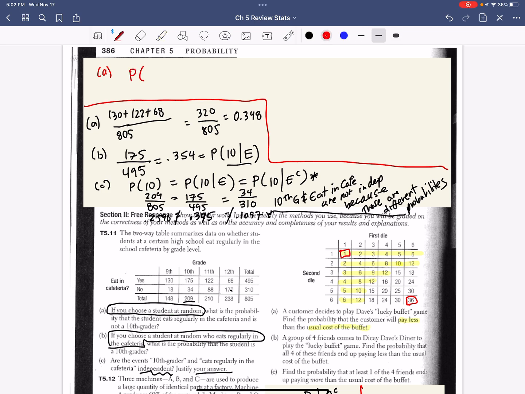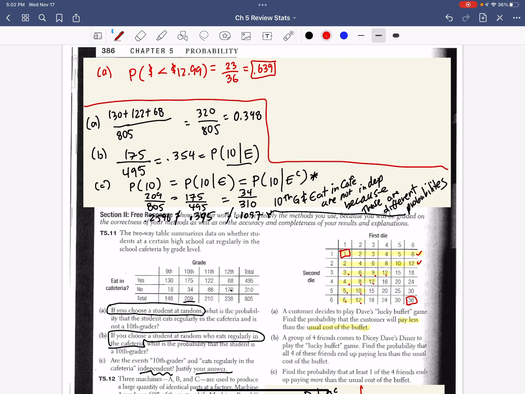So the probability that the cost is less than $12.99 is equal to, and we'll count these up, 6, 12, 13, 14, 15, 16, 17, 18, 19, 20, 21, 22, 23. 23 out of a total of 36 outcomes. So A is 0.639.